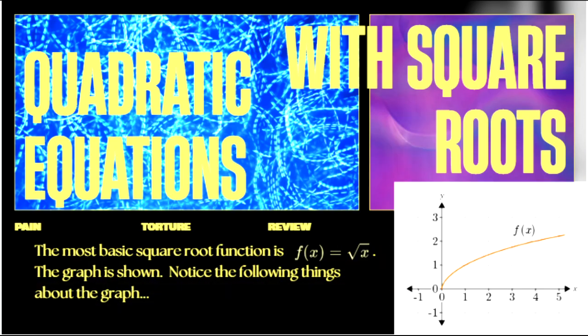The most basic square root function is f of x is equal to the square root of x. This is the same as y is equal to the square root of x. We're just using function of x instead of y, okay? Don't let it stress you. The graph is shown. This is the exact same graph that we saw at the beginning of the lesson. Notice the following things about the graph.